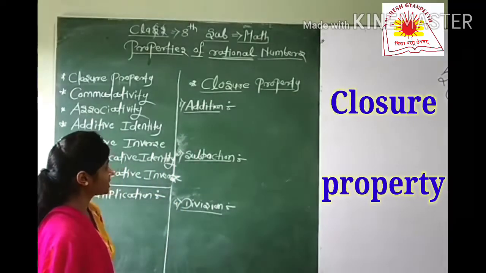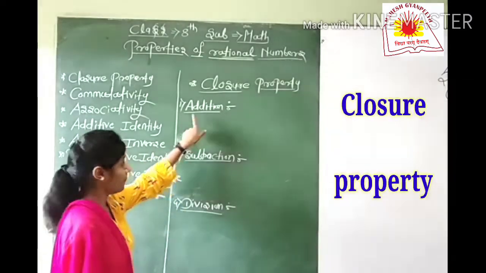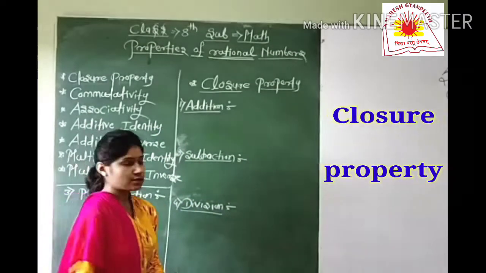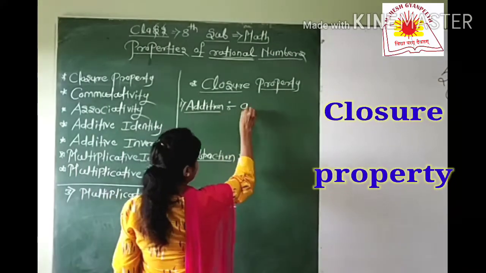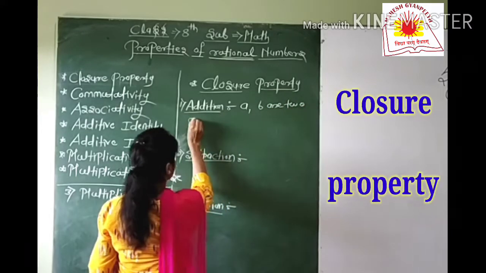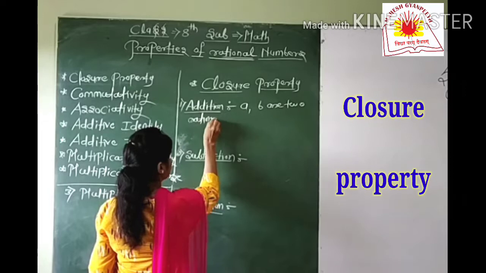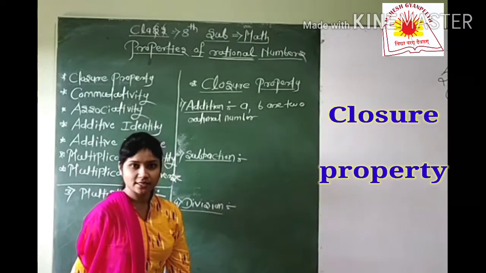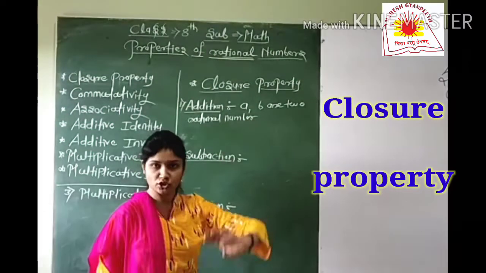Then let's come to the point. First point is addition. Closure property of addition. Suppose A and B are two rational numbers, A is a rational number and B is also a rational number.